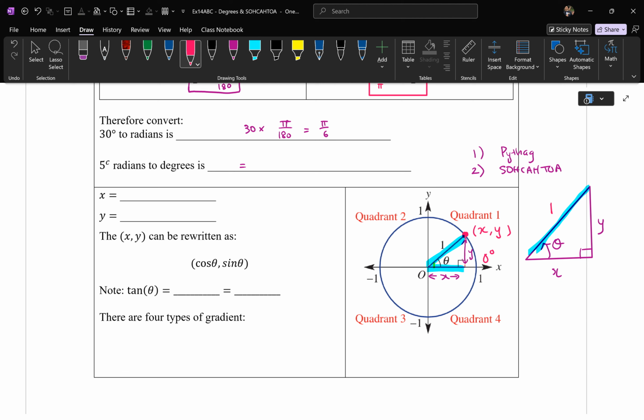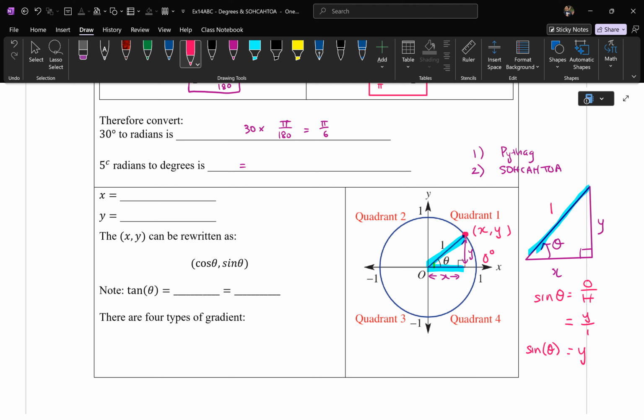But if I asked you to find sine and cosine, see, sine of the angle is equal to opposite over hypotenuse. What's my opposite in this case? What's my opposite? The y. So I got y over hypotenuse, which is 1. And it turns out y divided by 1 is just y. And you end up with sine theta.